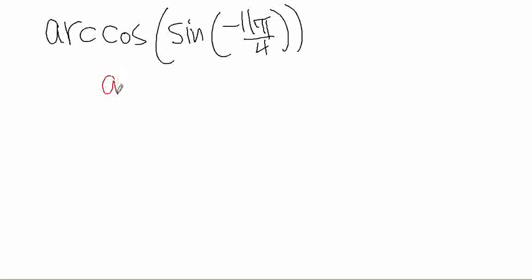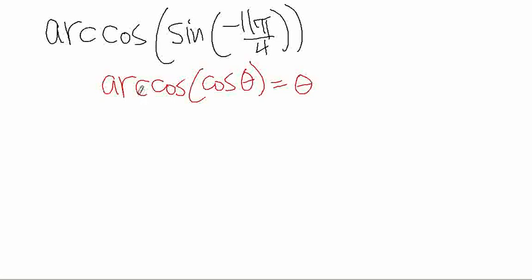So, to understand what I'm going to do, I'll spell it out. We need to be aware that the arccosine of the cosine of theta is equal to theta, assuming theta is within the limited domain that it needs to be. So we're going to replace this expression involving sine of minus 11 pi over 4 with an equivalent expression involving cosine.